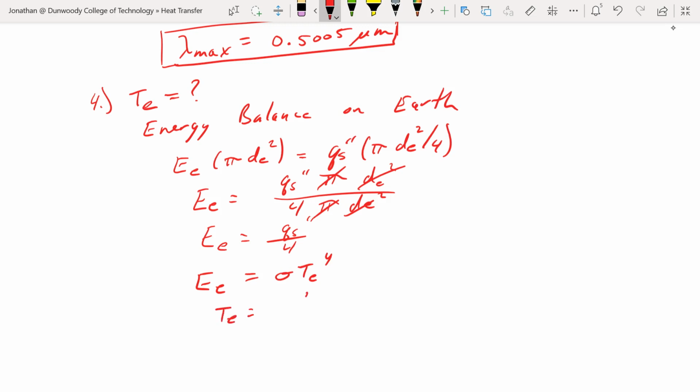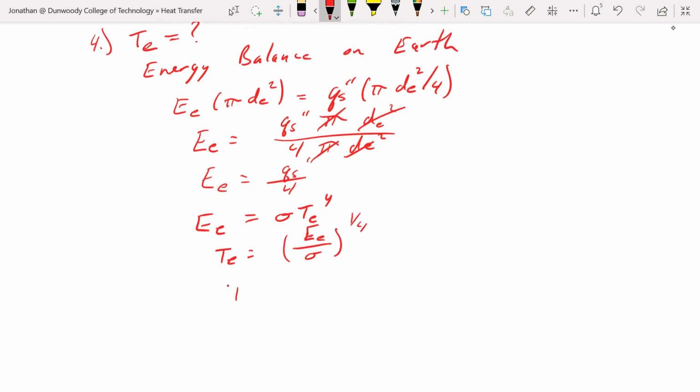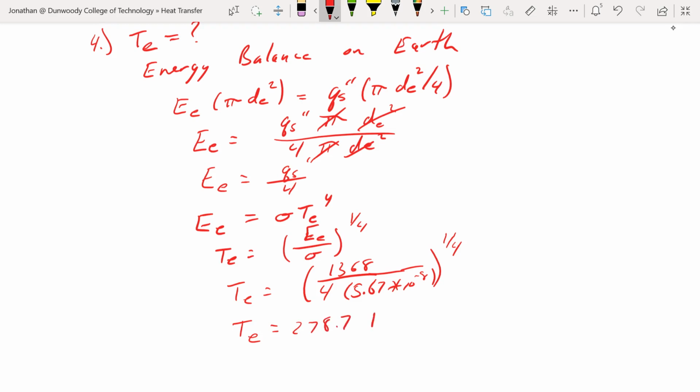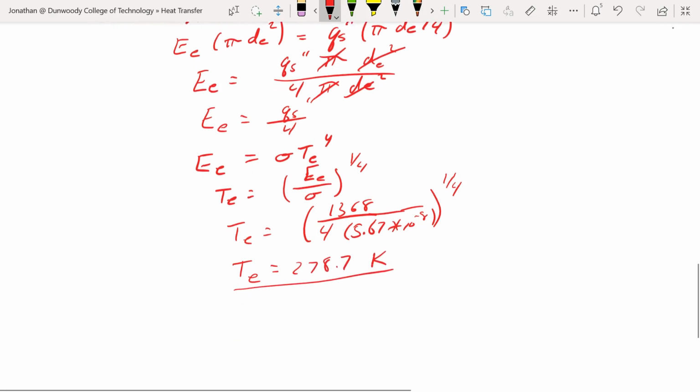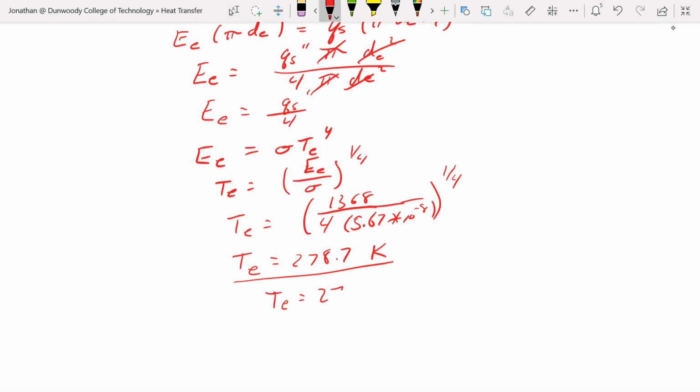TE is going to be EE over sigma to the 1/4. So TE is going to be this guy, 1368, filling that in now, over 4 times 5.67 times 10 to the -8, to the 1/4. TE works out to be 278.7 Kelvin. Or we can call that TE 279 Kelvin.